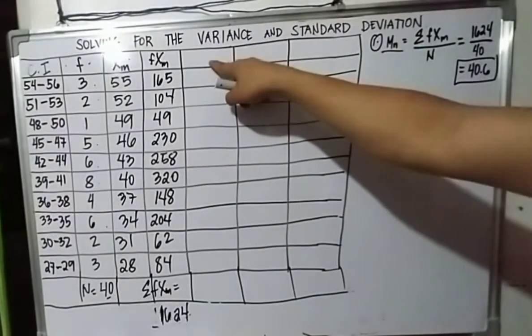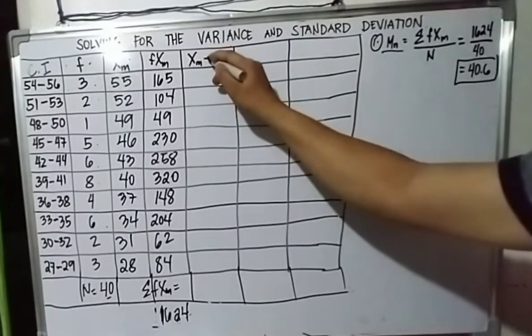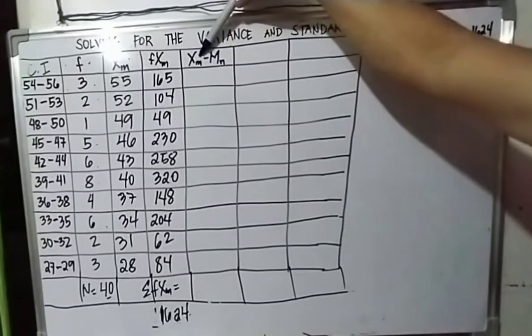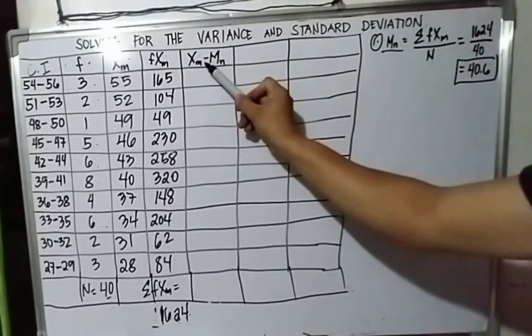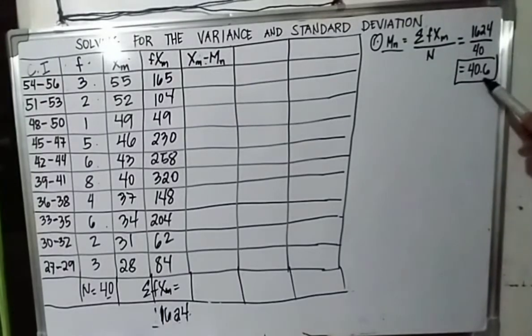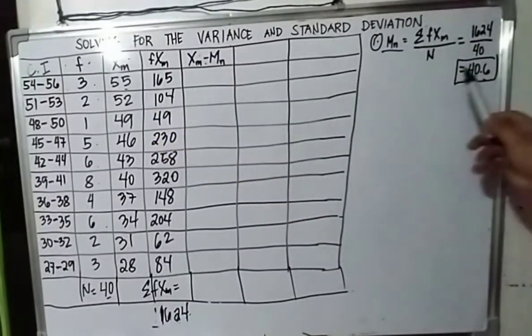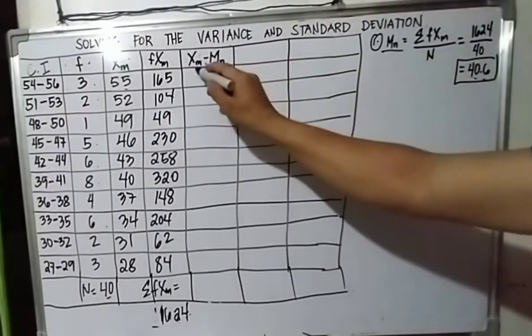So this one is x sub m minus mean. So the value of the midpoint of its class is subtracted by the value of the mean. So x sub m, the value is 55 minus 40.6, that is 14.4.